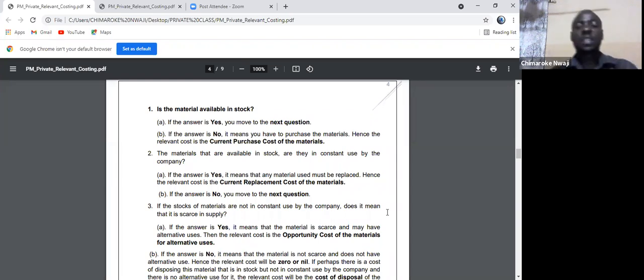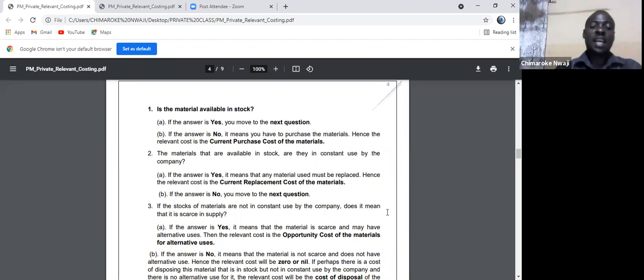It means that the company is using it constantly. Then you now want to use that same material that is being used constantly. Somebody else will still need it. So what do you do? You replace whatever you take for what you're going to do. Hence, the relevant cost is the current replacement cost of the materials.